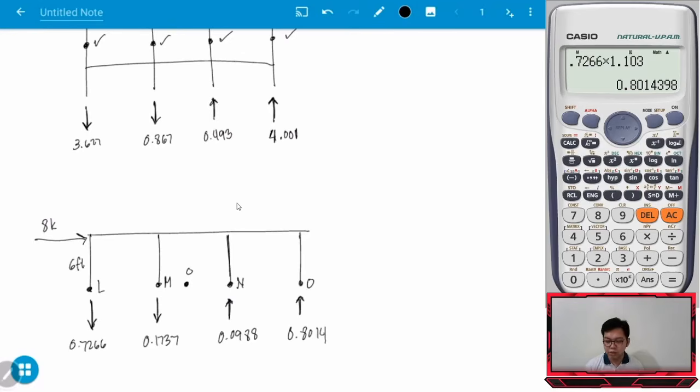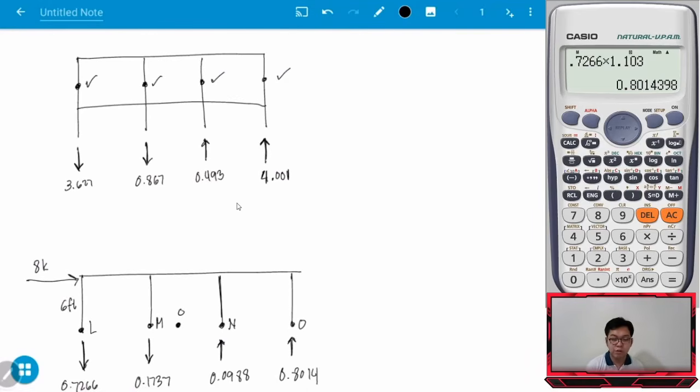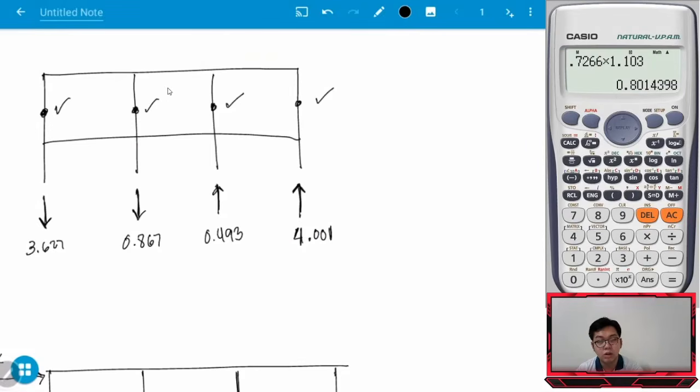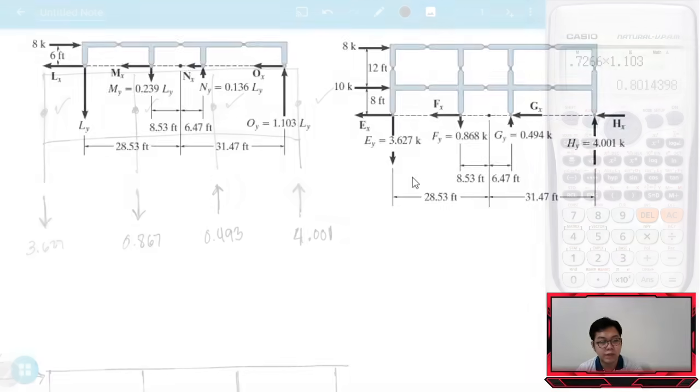Ano yung susunod? Sinabi ko sa inyo, after nyo makuha yung axial forces, consider the upper left or upper right. Now in this case, I am interested dito. By the way, tingnan nyo, dapat same tayong nakuha dito. So, check natin kung same ba tayong nakuha. Okay, so 3.627, which is same din dito, 0.3627.